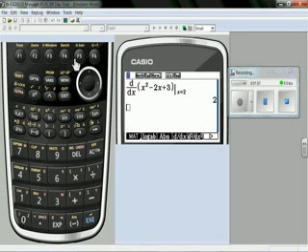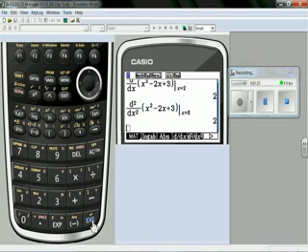Let's take the second derivative of that same function, x squared minus 2x plus 3. We'll evaluate that one at 6. Second derivative is going to end up the same.